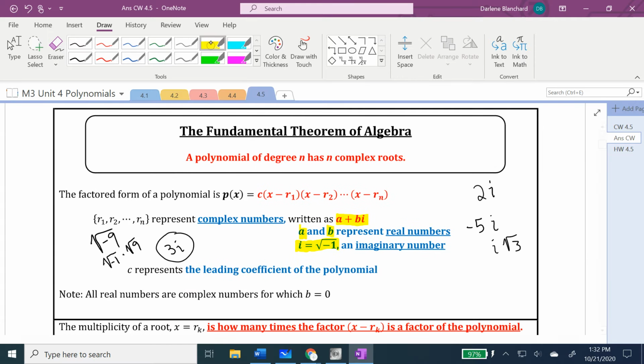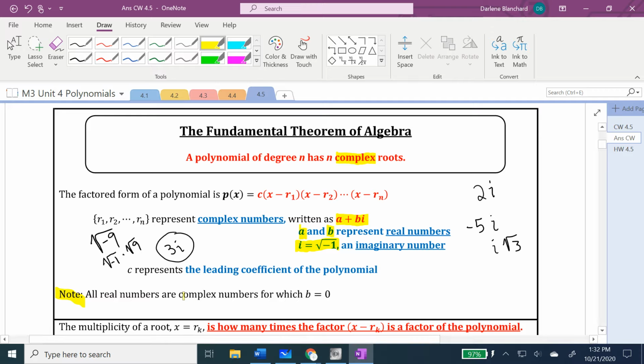I do have a little note down here, because I did say that the polynomial has the same number of roots as its degree. Those include all the real numbers we're used to.